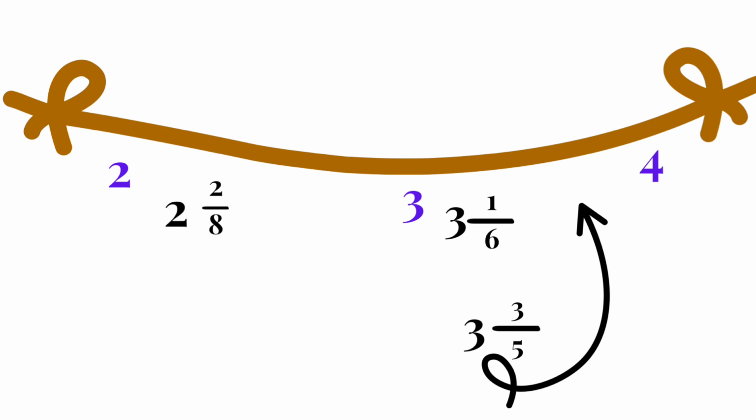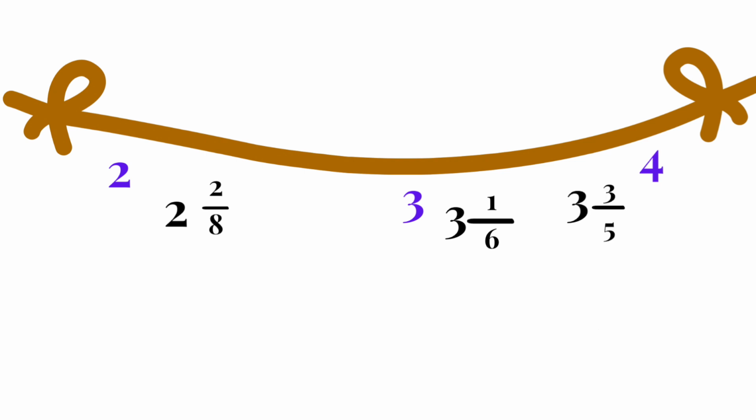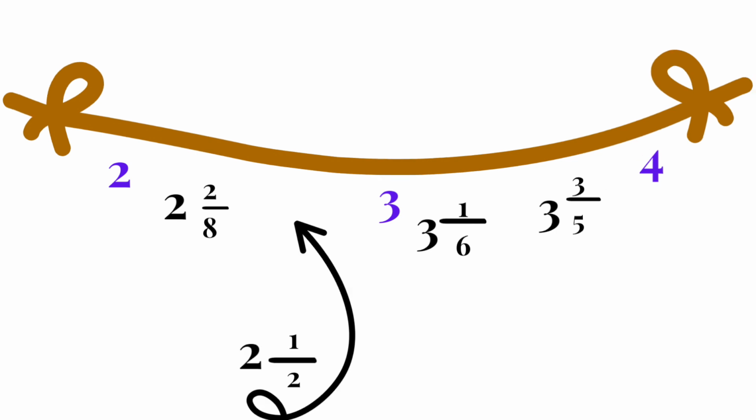Then we have 3 3/5, which also sits between 3 and 4. Since 3/5 is more than half, we know that this number will be positioned closer to 4 than to 3. Finally, 2 1/2 sits exactly halfway between 2 and 3 on our clothesline.